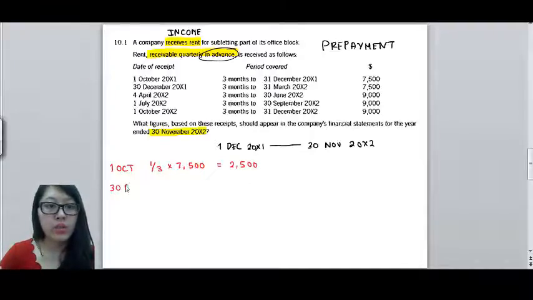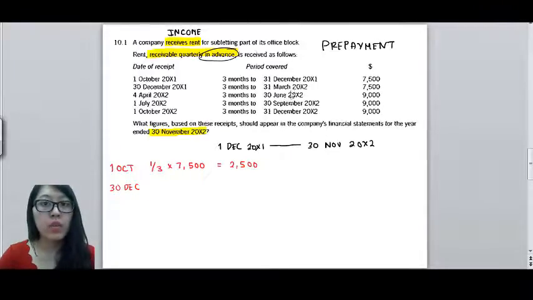Now you continue until you reach the year end, because everything else will now be classified as earned as the months have gone by. So let's say 30 December we received a payment of 7,500, and this will cover up until 31st March. So until that time has passed, we will always recognize as earned. So let's say in January, the month of January has already passed.